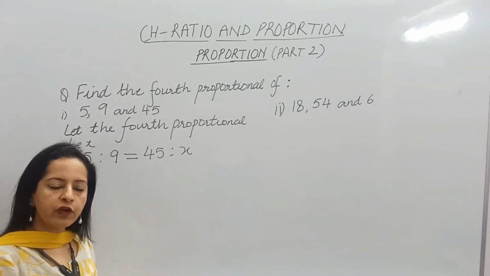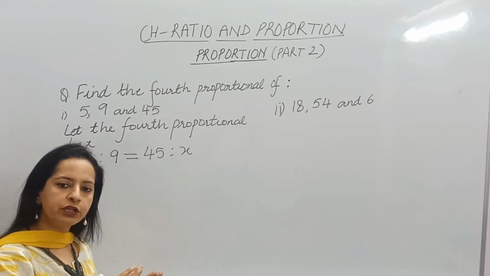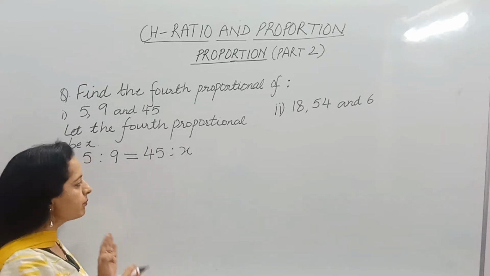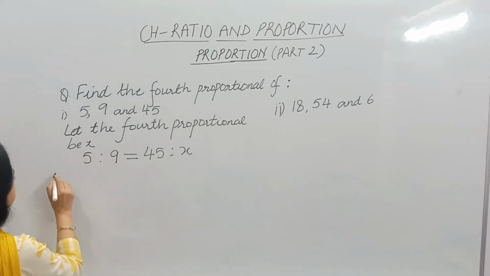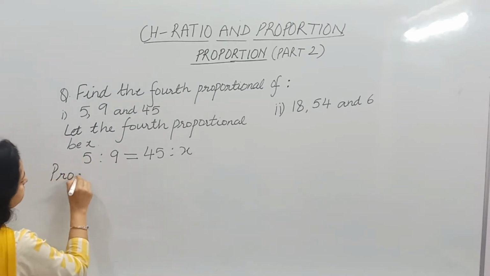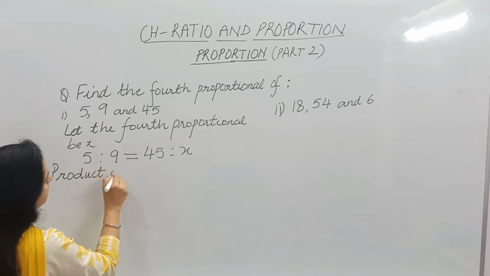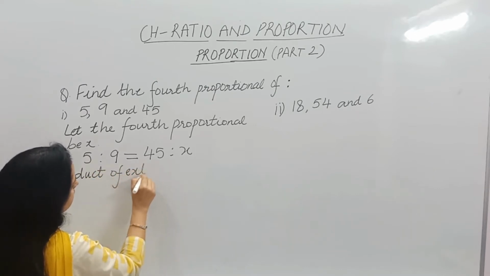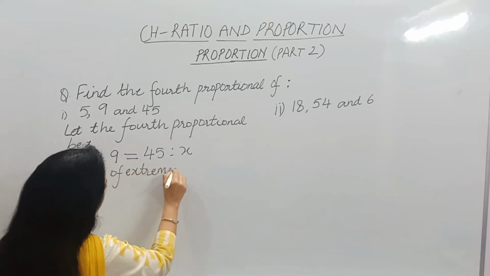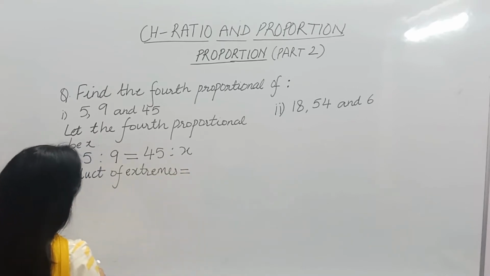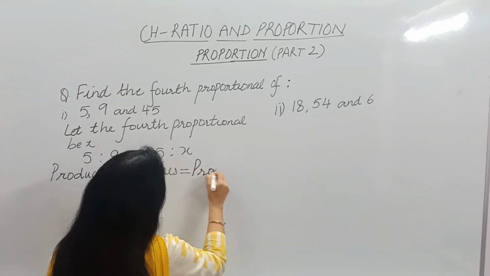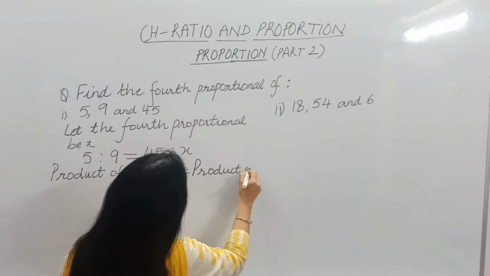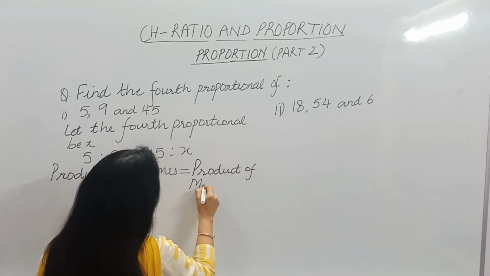I told you both the methods in my previous video, but here also I will explain both. The first method, let us use the formula: product of extremes is equal to the product of means.